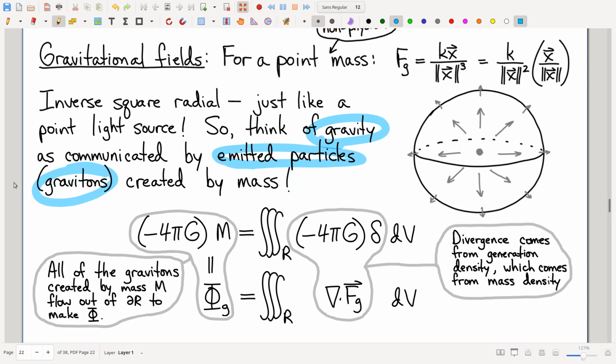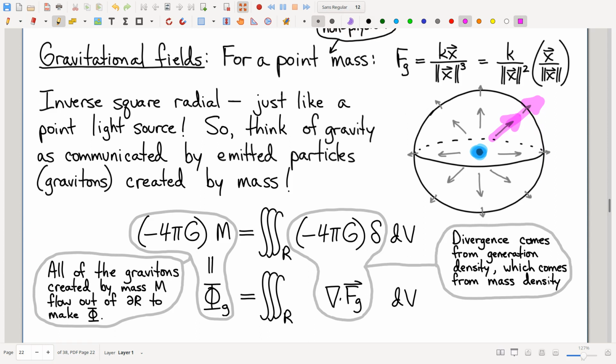Okay. All right, so mass emits little particles, just like light bulbs emit little particles. Okay, what do we get out of that? Well, however much mass you have, concentrated near the center of this sphere, the more mass there is, the more mass there is to shoot out gravitons. More mass, more gravitons. And then I argue, gravitons, as they shoot out, eventually have to pass through the surface and thus create flux.